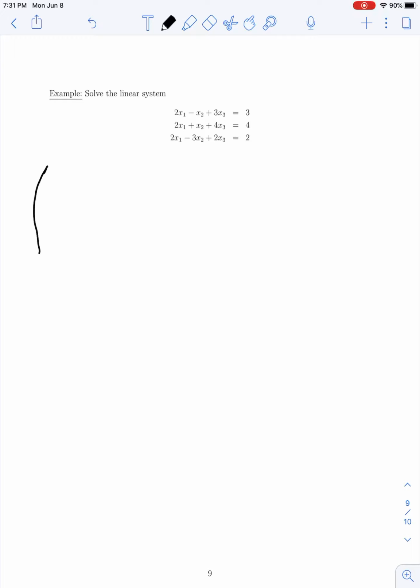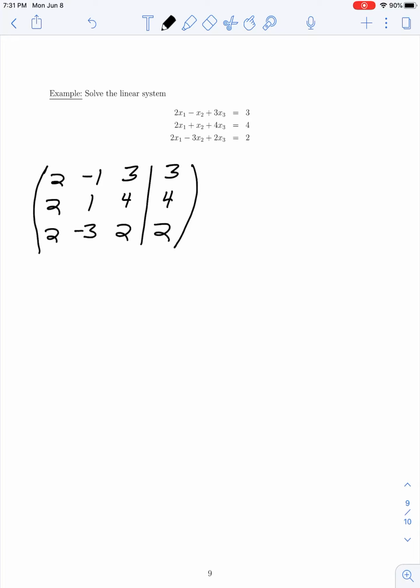We have, for our augmented matrix, the first row as 2, negative 1, 3, 3. For our second row, we had our second equation. We had 2x1 plus 1x2 plus 4x3 is equal to 4. And our last equation was 2x1 minus 3x2 plus 2x3 is 2.